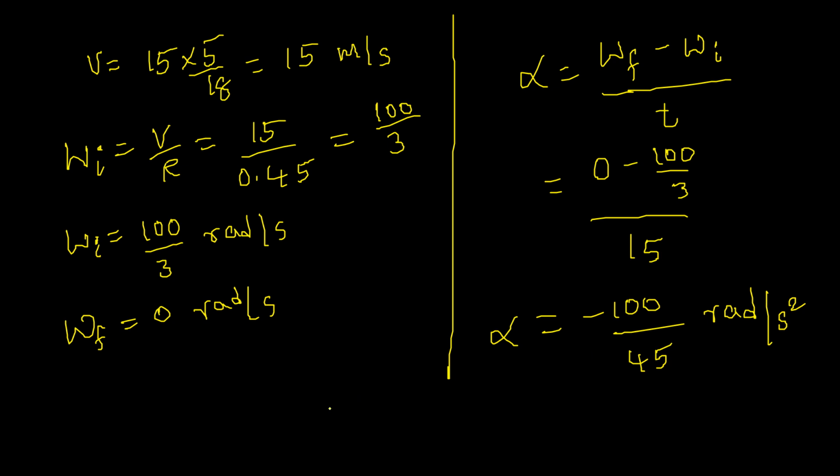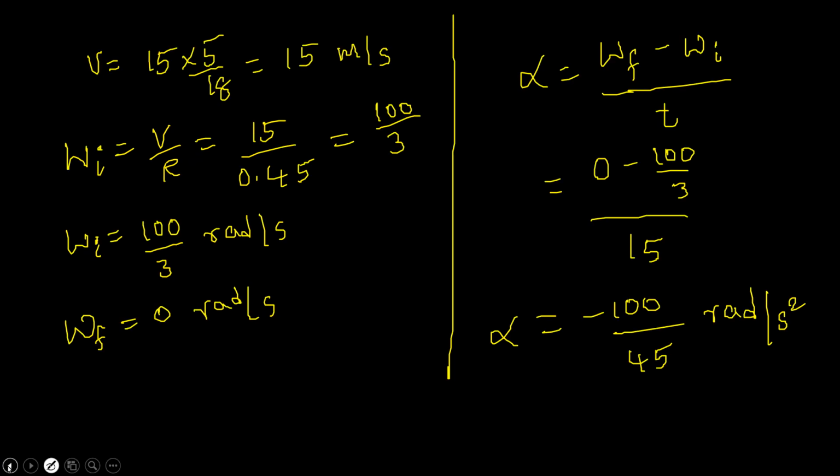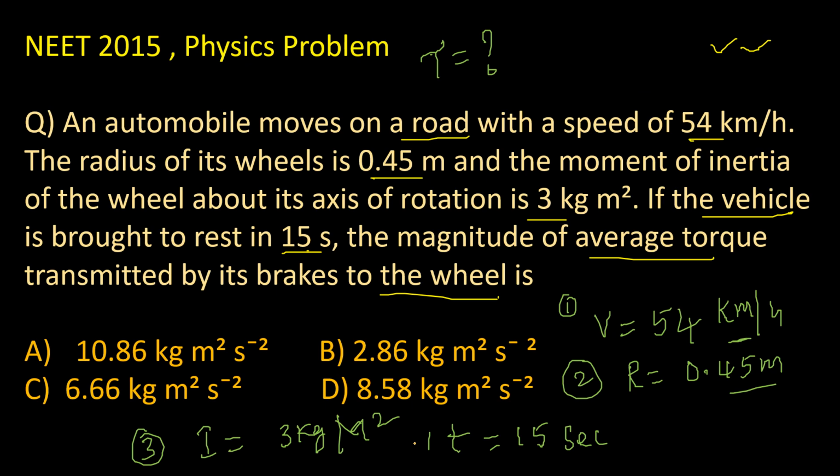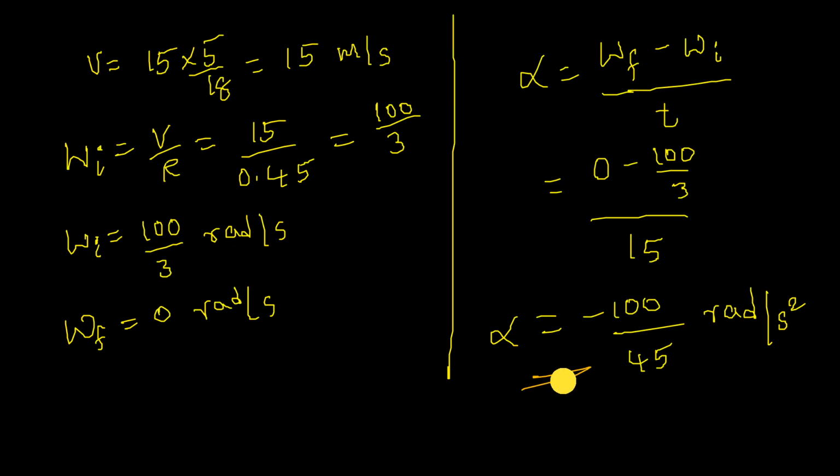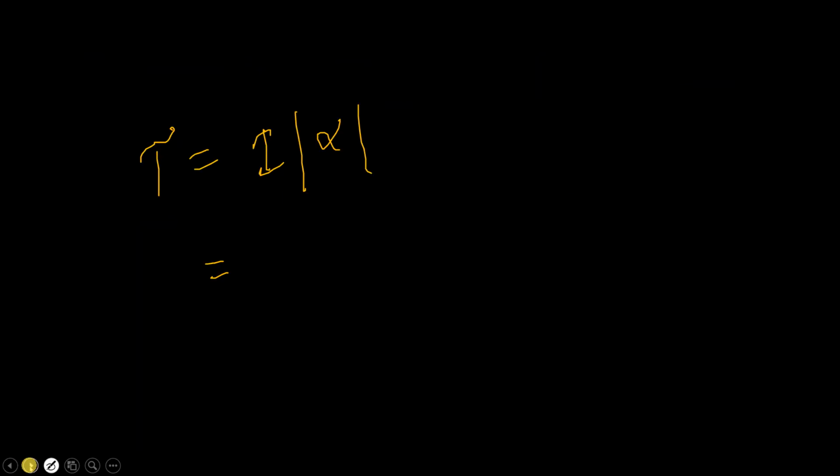Retardation. Now we need to find out the magnitude of torque. So tau equal to moment of inertia times the magnitude of angular retardation. We have to take only magnitude. Moment of inertia is 3, and angular retardation is 100 by 45.